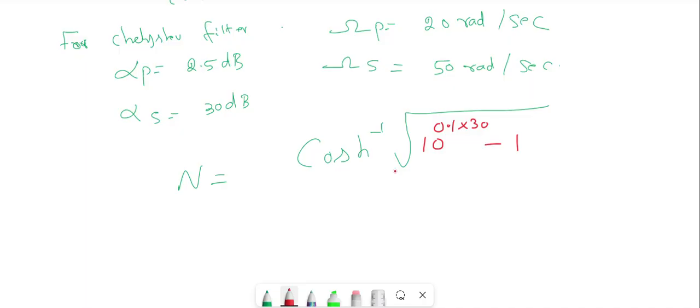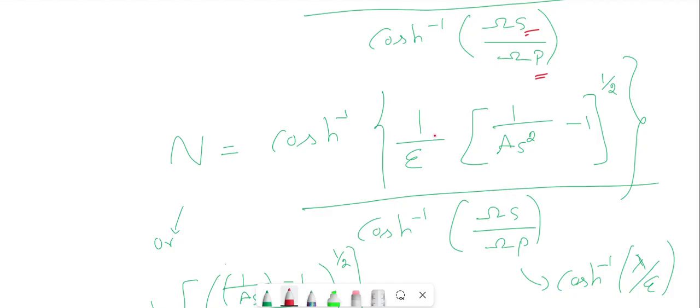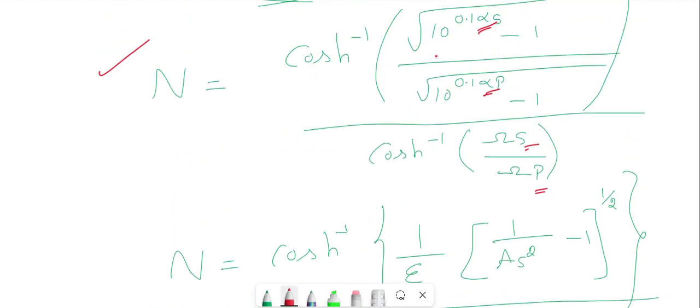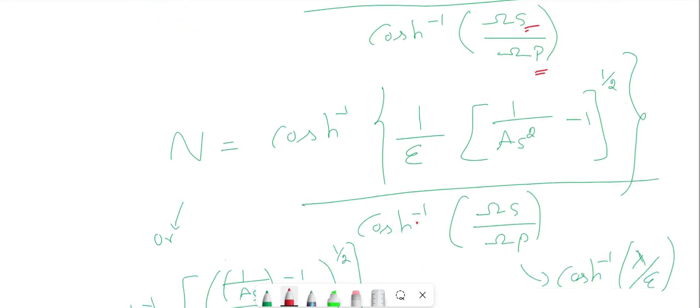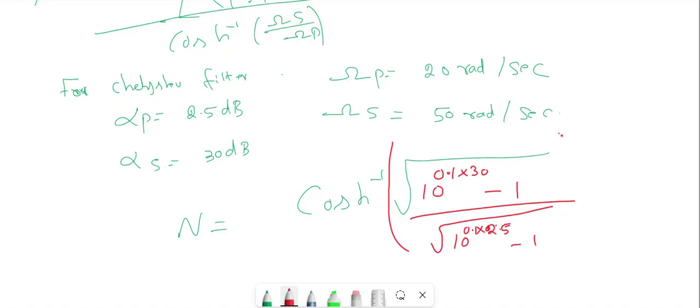divided by, cosh inverse of this one, divided by 0.1 into alpha p. What is alpha p? 2.5 dB. So 0.1 into 2.5 means 0.25 you will get. So square root of 10 to the power 0.25 minus 1.